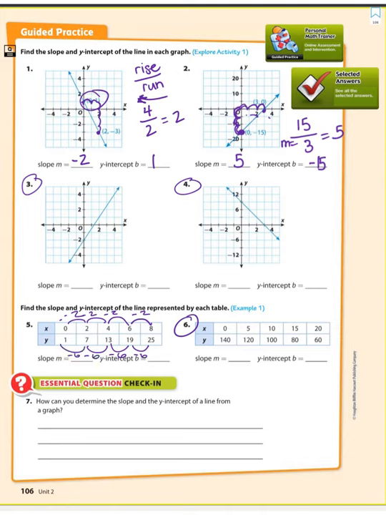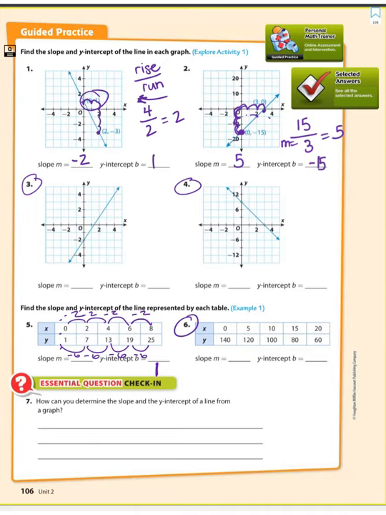Okay, so that makes our y-intercept 1. I'll write it down here because I wrote a bunch of notes there, right? Because when x is 0, y is 1. So that's our y-intercept. And then we need our slope.